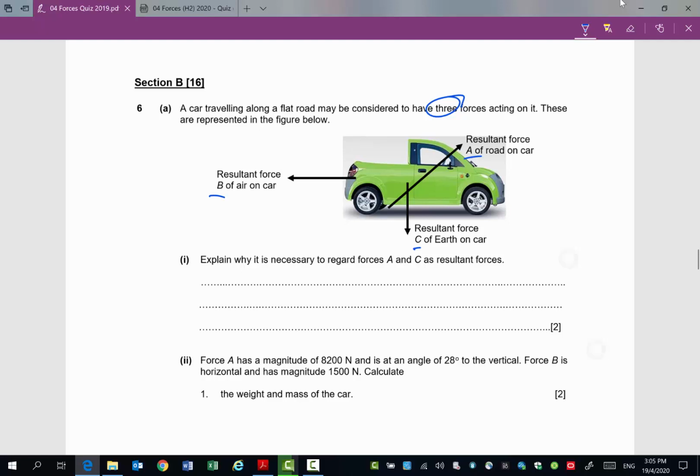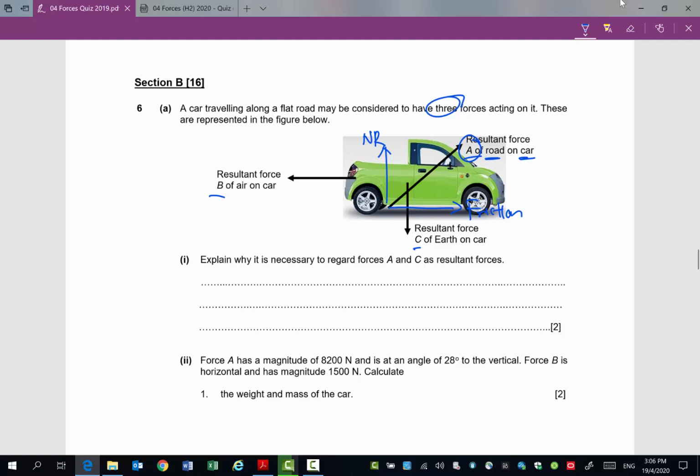Force A is actually quite easy. It is the resultant force of the road on the car. For the car to move forward, first and foremost, there must be some form of forward friction. And then since the car is resting on the floor, there must also be some form of normal reaction force. So the resultant force A is a resultant of friction and normal reaction.